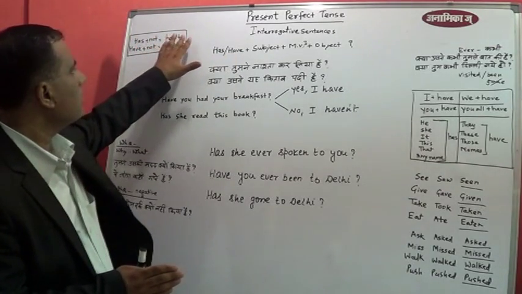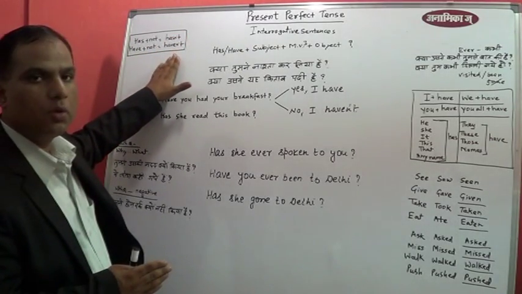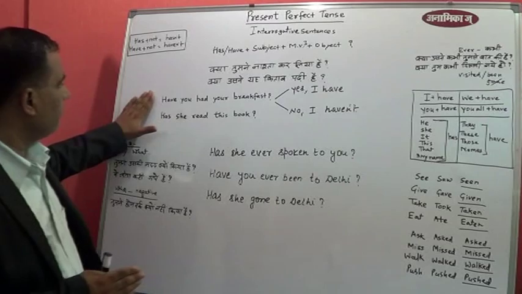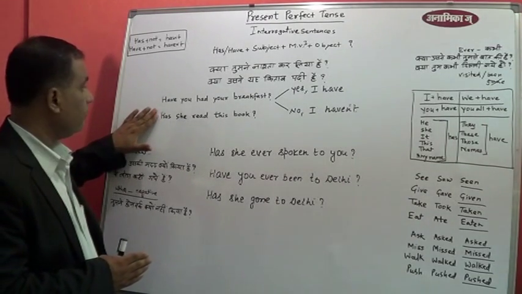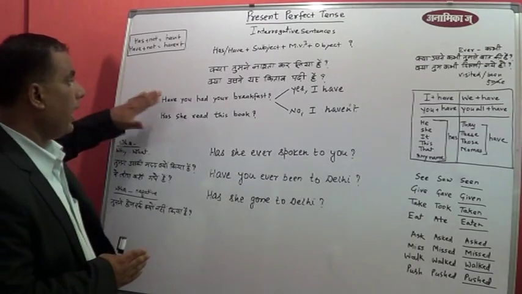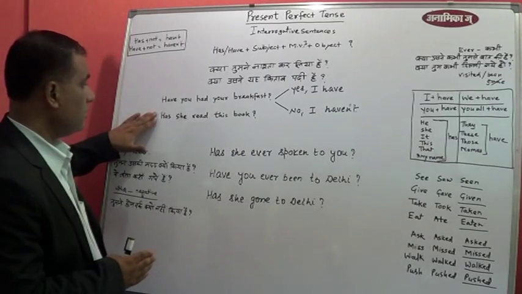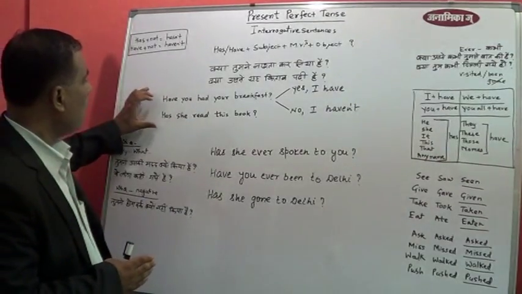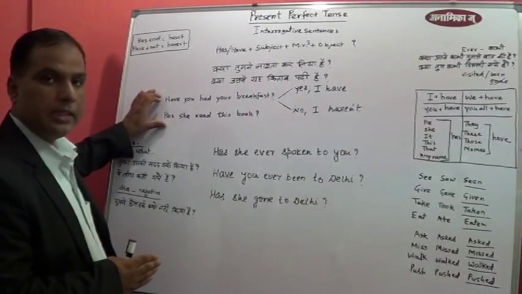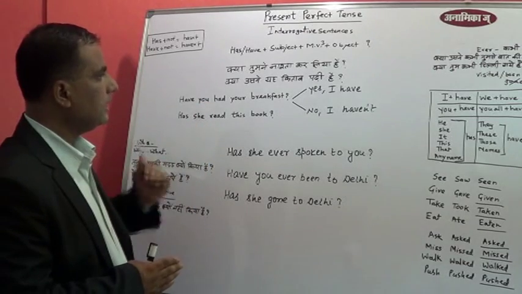Has plus not can be spoken like hasn't, have and not can be spoken like haven't. So if this question is to be converted into negative, we will say, haven't you had your breakfast? Similarly, hasn't she read this book? So only the initial part of these sentences will change and the remaining will remain the same.